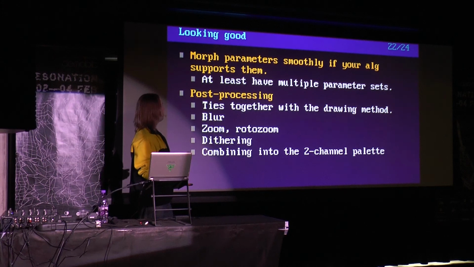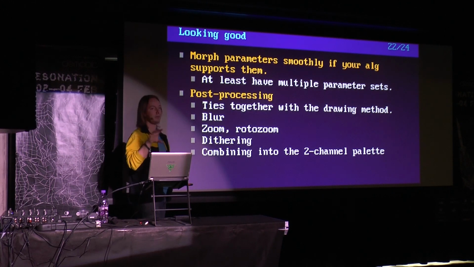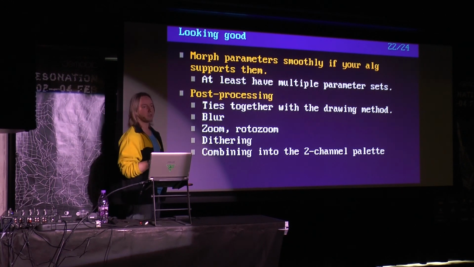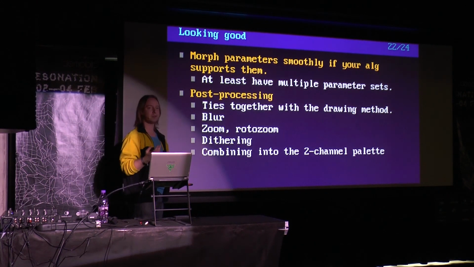Also, when you already have a buffer for the screen and you're rendering inside that buffer and not on the screen, it's nice to have a post process, so that it doesn't look that raw.